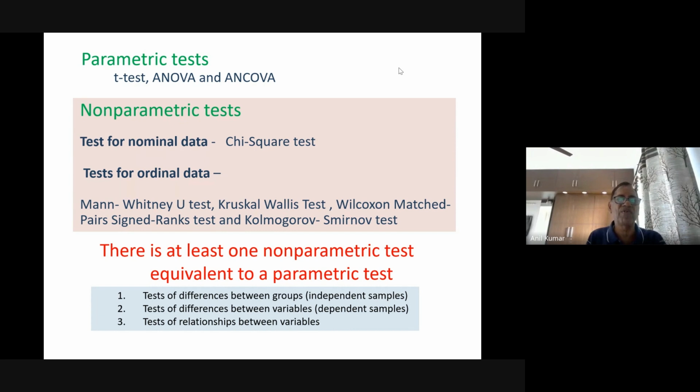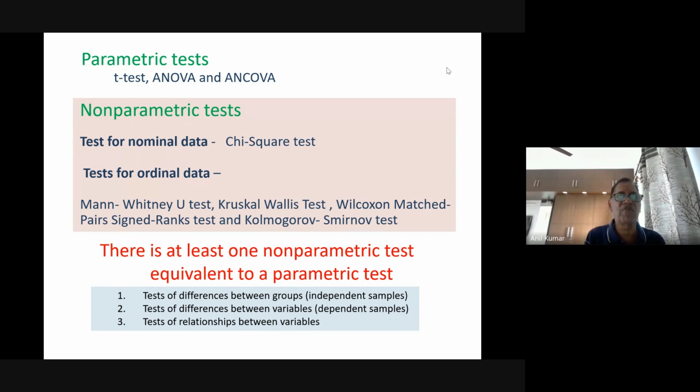Another advantage of non-parametric tests like chi-square is that you can apply them when data is measured at the nominal and ordinal level. Simply you have ranks.